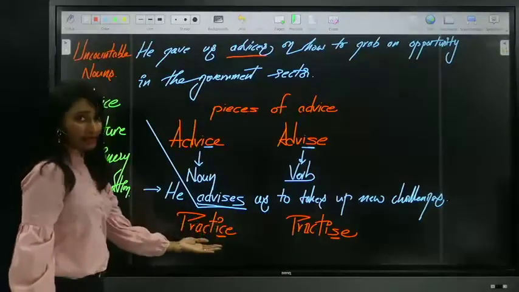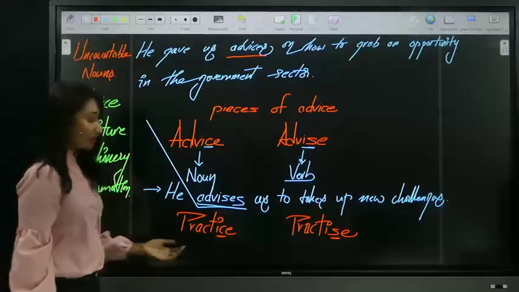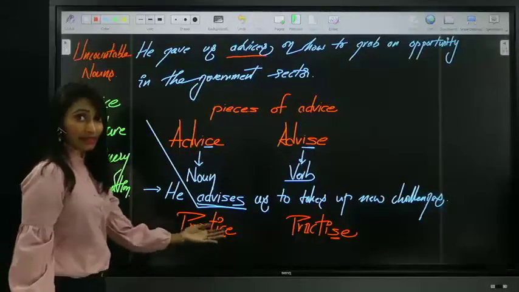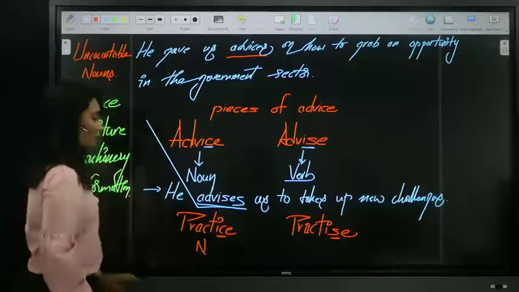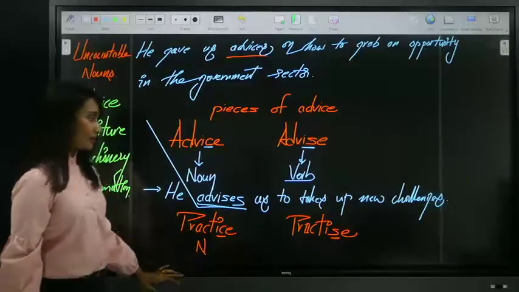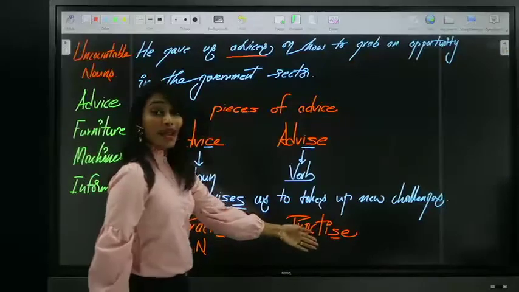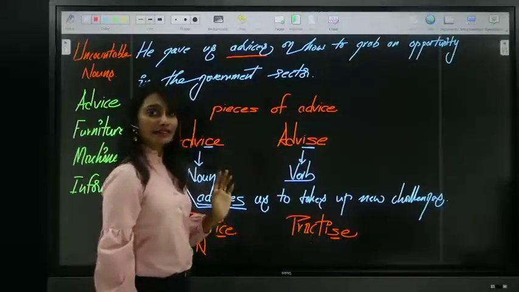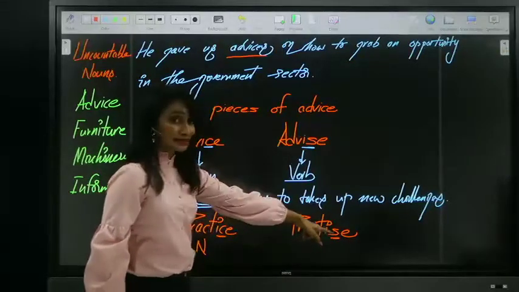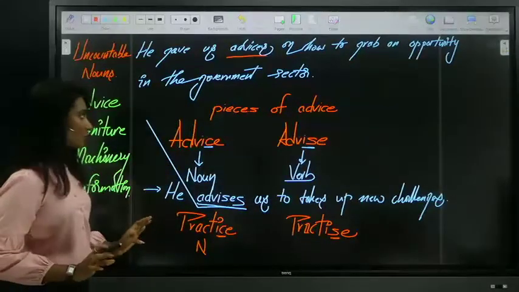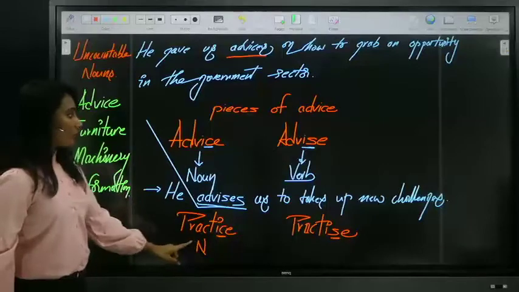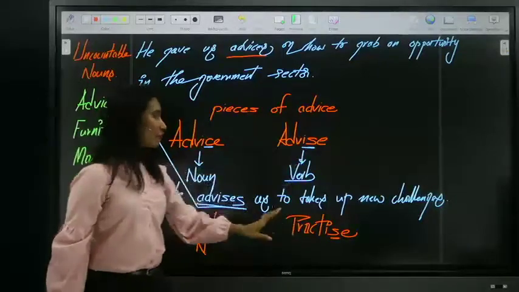"Practice makes man perfect." Here, practice is used as a noun. Now, "He practises every day." He practises, with SES, every day. So, I hope it is clear to you. CE is the noun form, SE is the verb form.